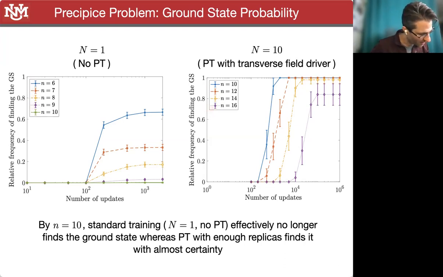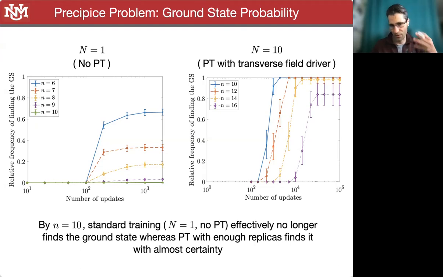What you should see is that for the case of no parallel tempering, by the time you get to the precipice problem with n equals 10, the probability of finding the ground state is 0. Whereas with parallel tempering, you can go up to n equals 16 and you still have a pretty high probability of finding the ground state. So already, just looking at the probability of finding the ground state to some relative error epsilon, there seems to be a clear advantage to parallel tempering.